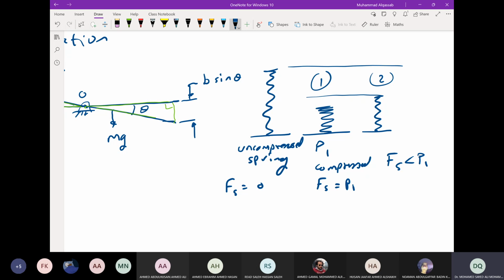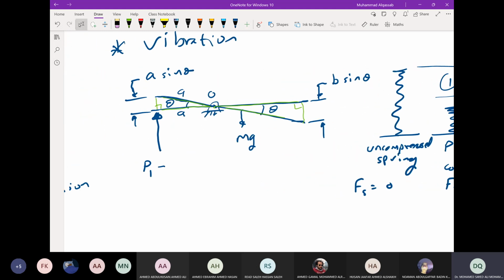How much less than P1? If you know this distance, then you multiply K by this distance, and that will be the amount to be subtracted from P1. So for this case, we have P1 minus K times A sine theta, because the deflection we have is A sine theta.